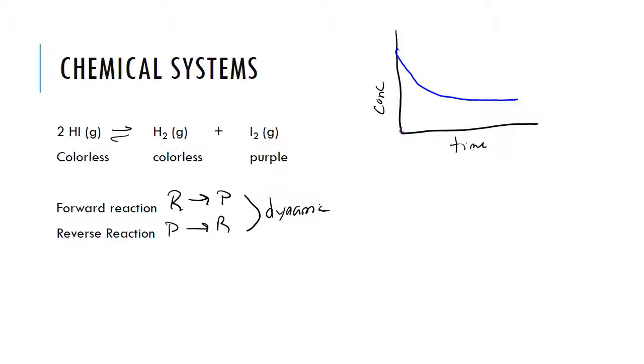Then we have our product formation, and we expect it to increase. So here we have our H2 and I2, and we have our HI concentrations. Now the point of equilibrium is when you see the lines go flat. At that time, when they are flat, that is your equilibrium mixture.